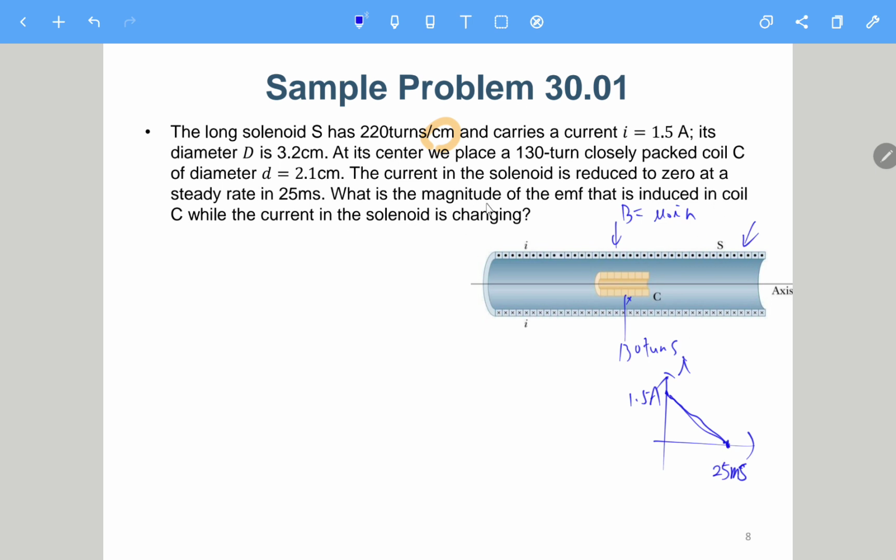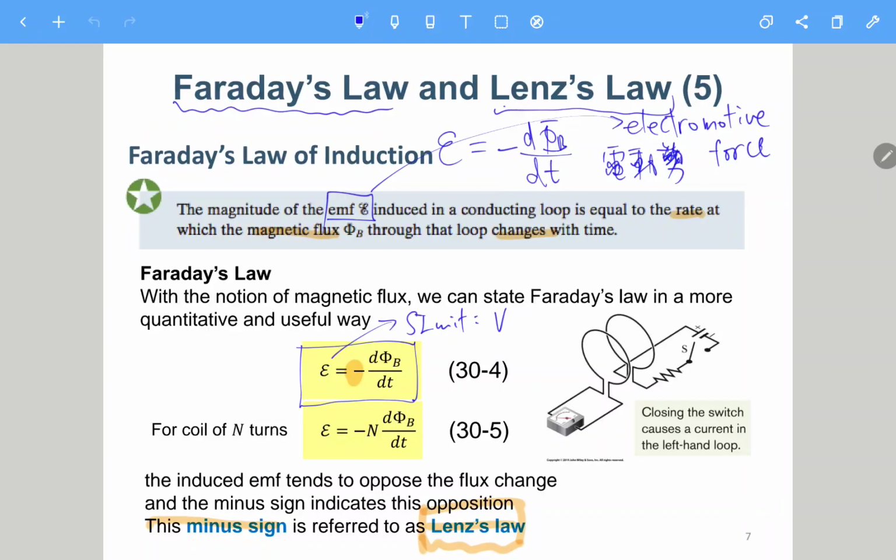So what is the magnitude of the EMF that is induced in coil C when the current in the solenoid is changing? This is not difficult, although the question is quite long. Of course we are using Faraday's law, so we need to calculate the magnetic flux and then take the derivative.